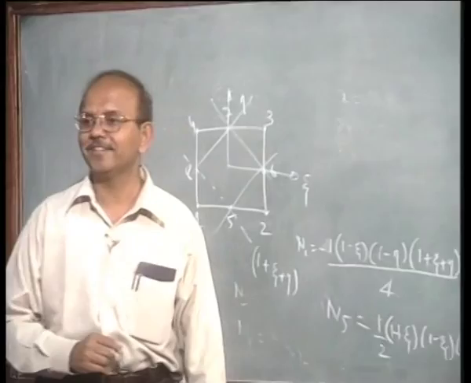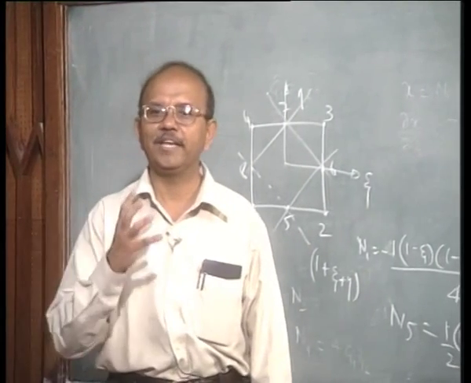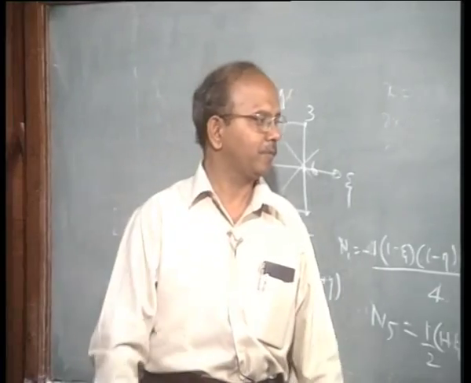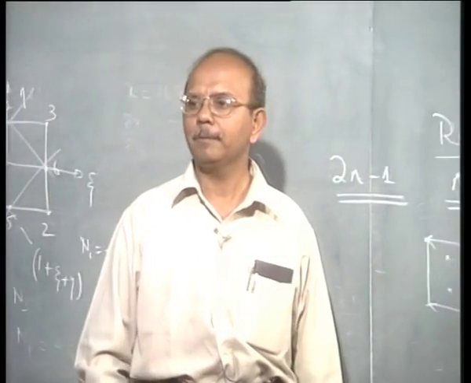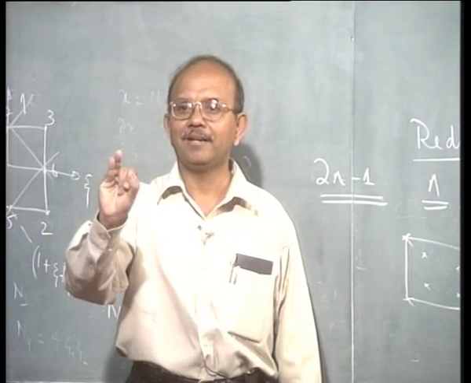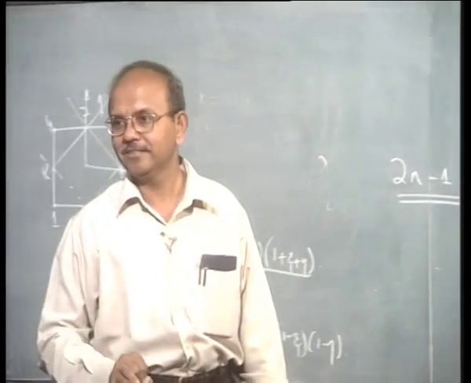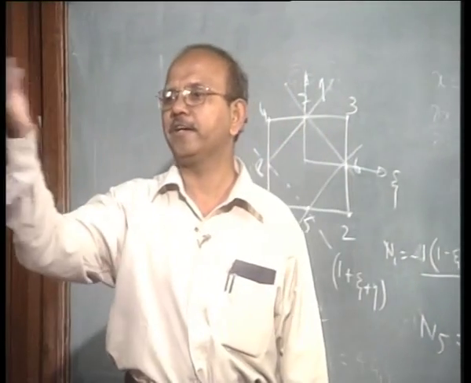So in other words, what is it that you are gaining, or what is happening when I go to the 1 by 1 rule? 1, I am reducing the cost. 2, I am introducing an error in integration. 3, I am getting better finite element results.